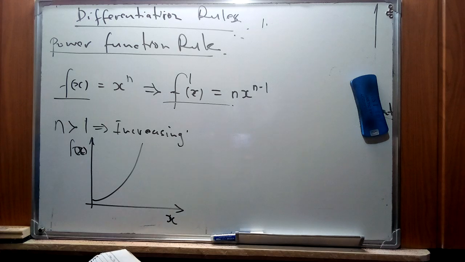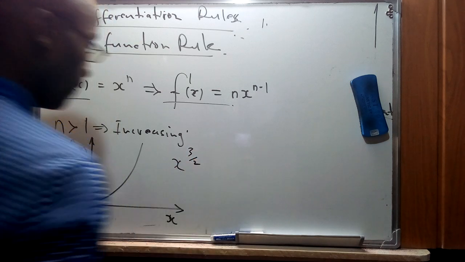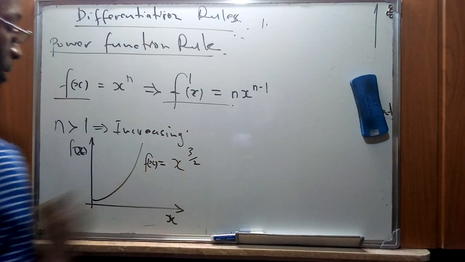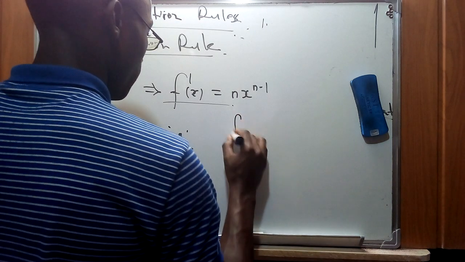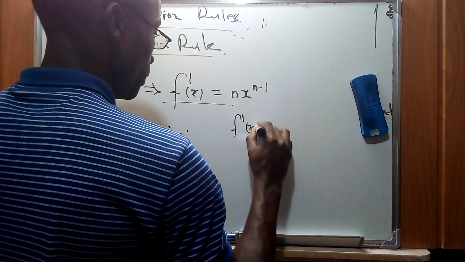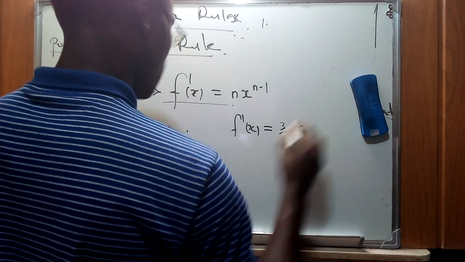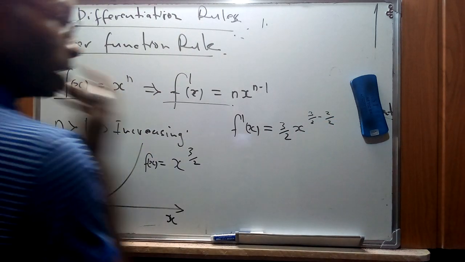So in this case, we can give an example of x^(3/2) being our f of x. Therefore, its derivative f prime of x using the power rule is going to be given as (3/2)x^(3/2 - 2/2), which is basically 1.